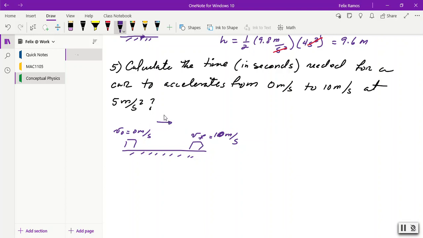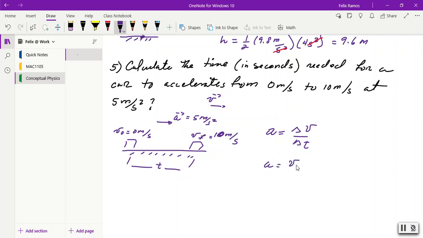We know that we have an acceleration that is 5 meters per second squared. So I know that the velocity vector is just going in that same direction. I want to find the time it took the body to go from the initial point to the final point. So we will use again the same formula that says that acceleration is the variation of the velocity over the variation of time.